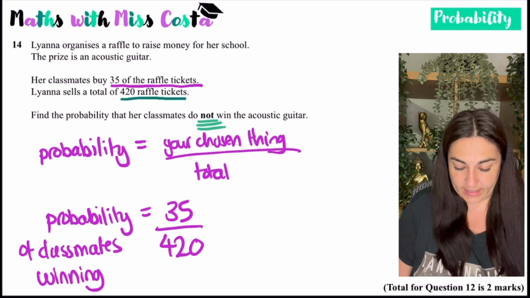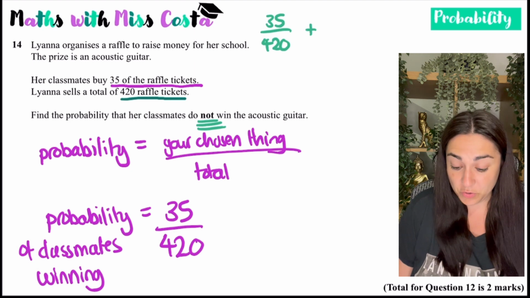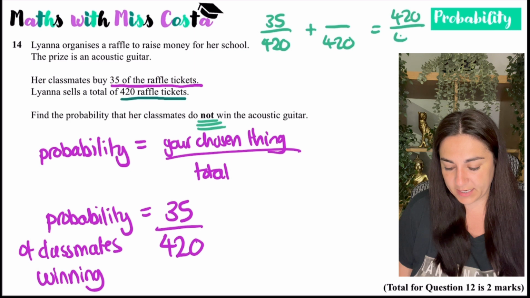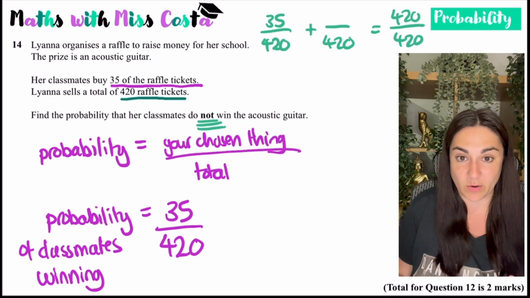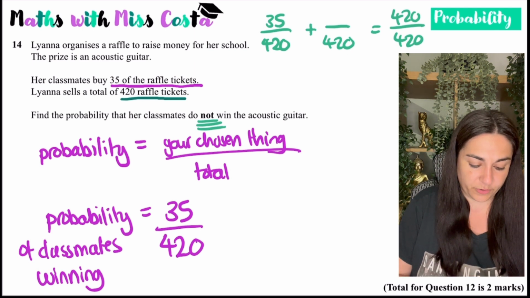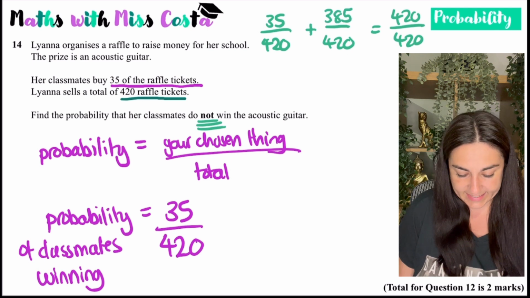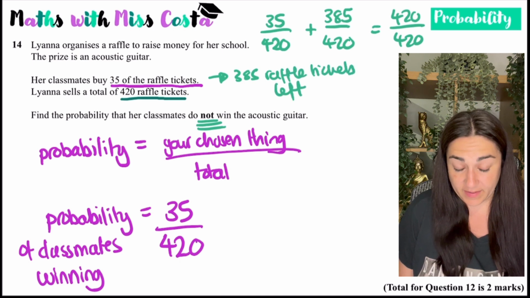So the probability of winning is 35 over 420, and the probability of them not winning is going to have to give me 420 over 420, because probability always has to sum to 1. It has to make one full thing. So what I can do is I can do 420 take away 35, which tells me that there are 385 raffle tickets left that they did not buy.